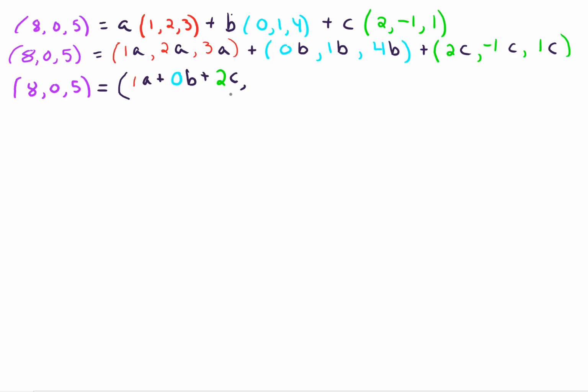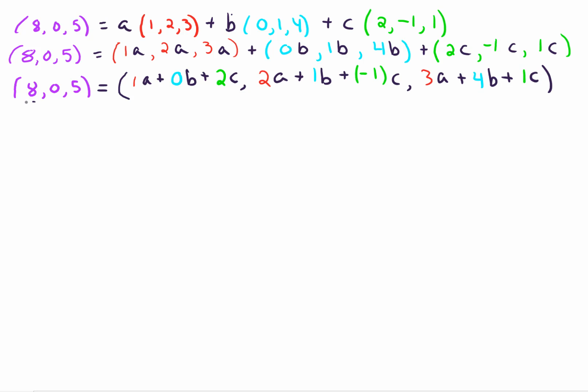And that's our first component. In the second component, we're going to get 2A plus 1B plus a negative 1C. And then in the third component, we'll get 3A plus 4B plus 1C.